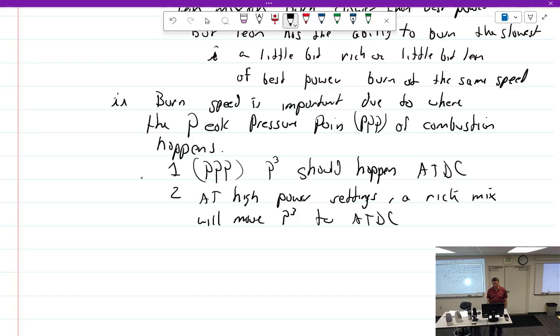Okay, why does that matter? Why did I say rich mixture, not rich or lean? Because it's true for lean, but I'm talking about max power right now. Takeoff. So we're at takeoff. Well, if rich puts it on the after side, and lean also puts it on the after side, then why would it matter if I'm rich or lean, or does it matter?